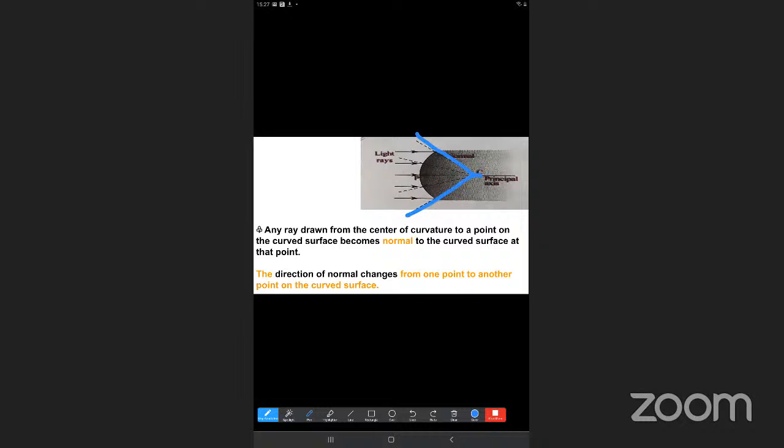So this is the normal. The direction of the normal changes from one point to another point on the curved surface.